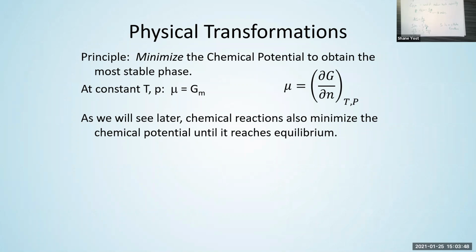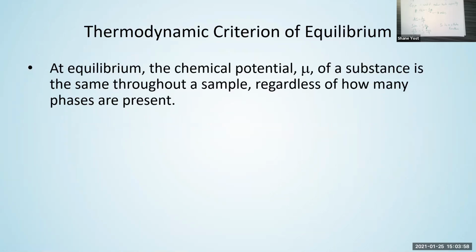Again, the chemical potential is related to the molar Gibbs free energy, right? This is the change in Gibbs free energy expected for a change in the number of moles. So at equilibrium, the chemical potential of some substance is equal throughout. When you have a homogeneous mixture, you form a homogeneous mixture in order to equilibrate the chemical potential everywhere.